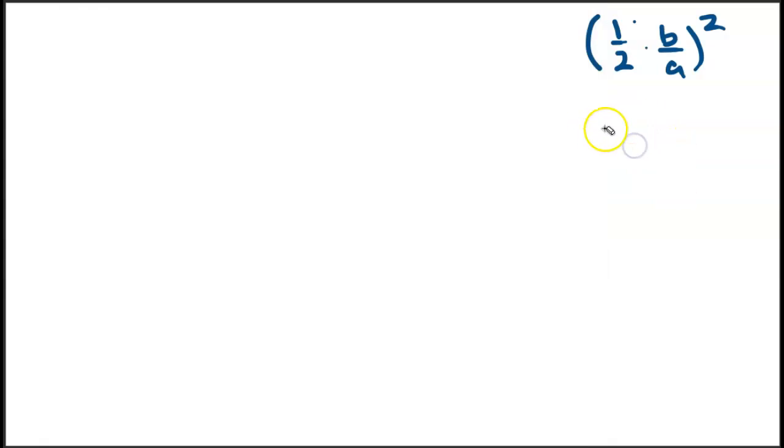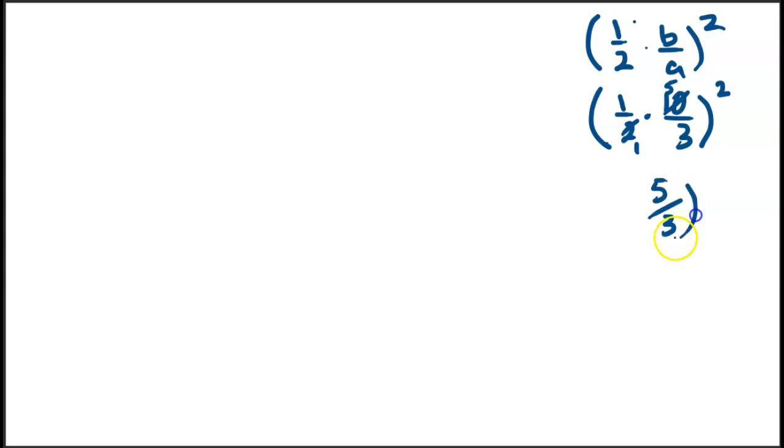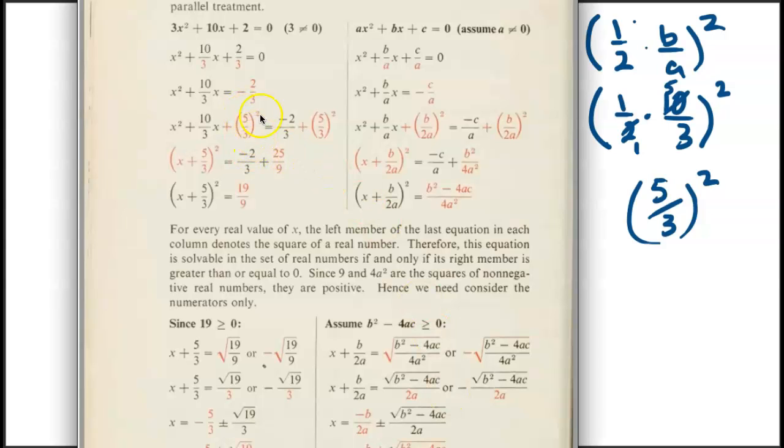Well, let's take our 10/3 and turn this into 1/2 times 10/3, squared, right? We can factor. There's our 5/3 squared.